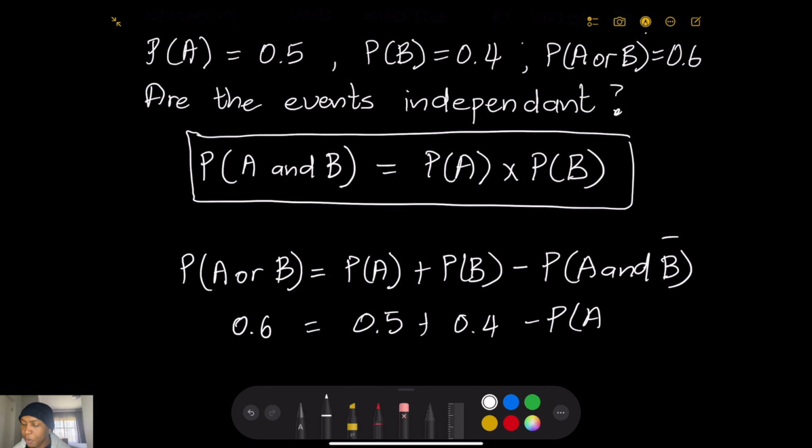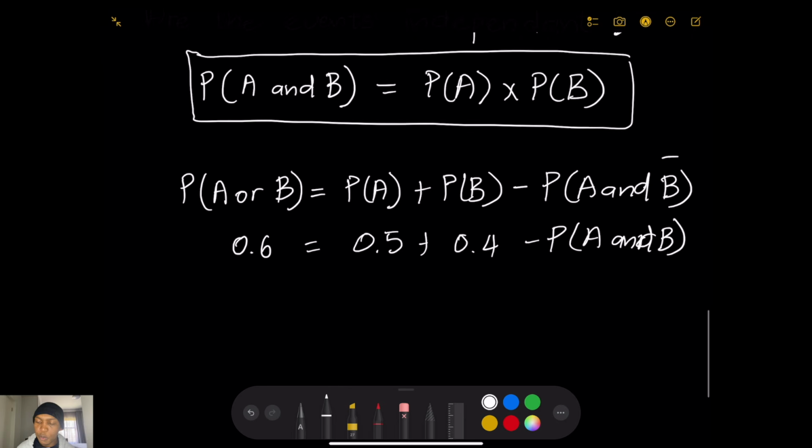So let's find the probability of A and B in this case.